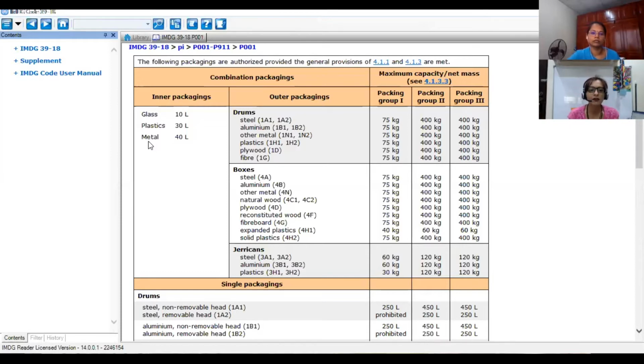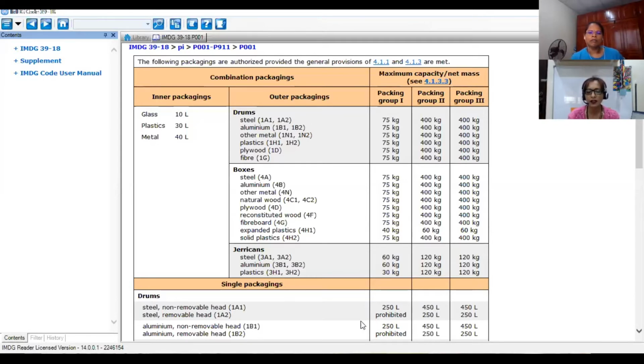But if it is above that amount, then it has to go for its own performance test. And that also is relevant to certain classes, meaning these are certain conditions that come in. So you can see in part 4 the connection that comes to part 6.